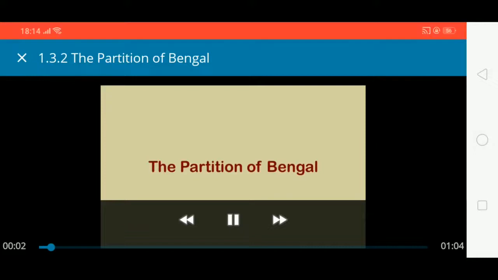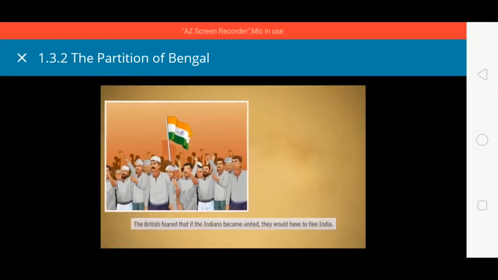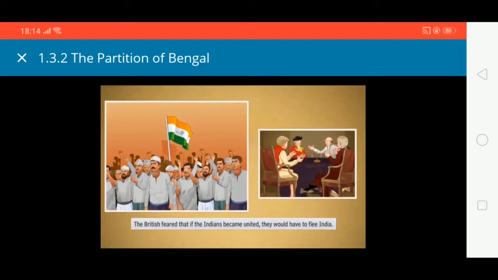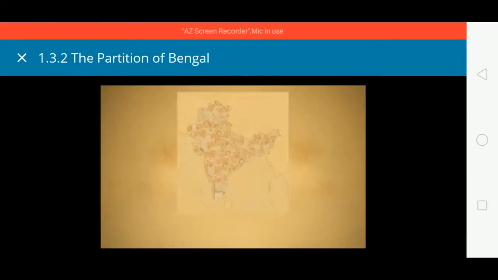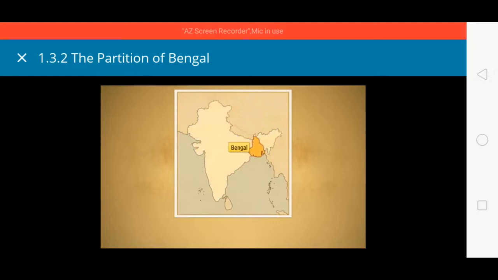The Partition of Bengal. The feeling of unrest and urge for freedom by the Indians was noticed by the British. They feared that if the Indians became united, they would be forced to leave India. One of the ways in which they could prevent the Indians from uniting was by dividing them on the basis of religion. The feeling of nationalism was the strongest in Bengal.